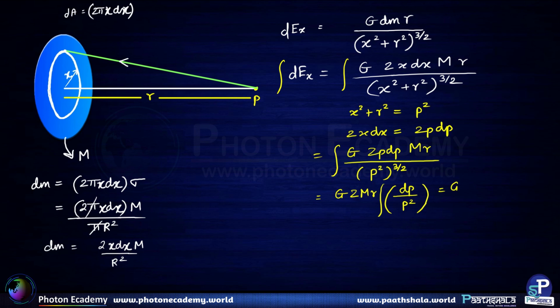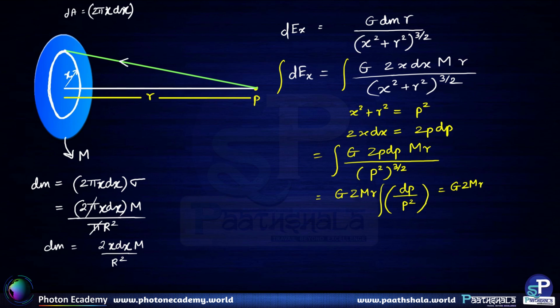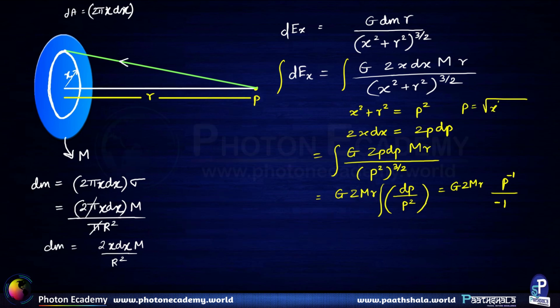So this is g 2mr, and the integration of p raised to minus 2 is p raised to minus 1 upon minus 1, where p happens to be equal to under root of x square plus r square.